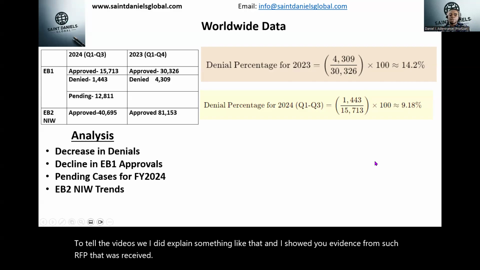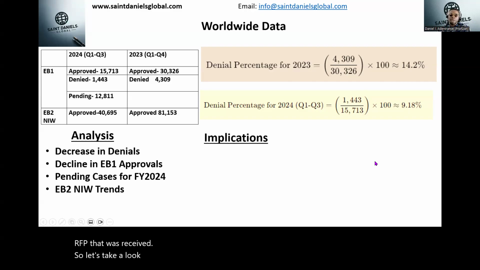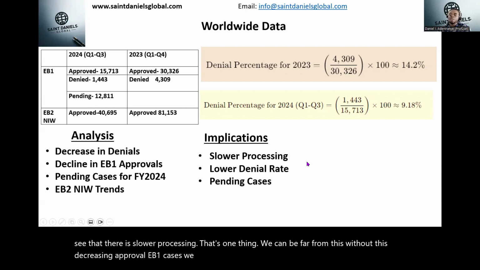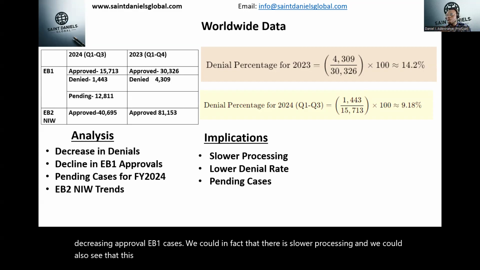So let's take a look at some key implications from this. Again, like I've said so far, you will just see that there is slower processing. That's one thing we can infer from this. With all this decrease in approval of EB1 cases, we could infer that there is slower processing. And we can also see that it's really taking longer this year.